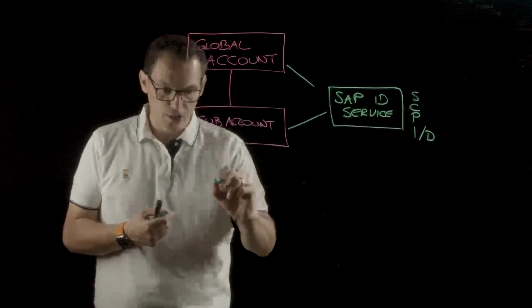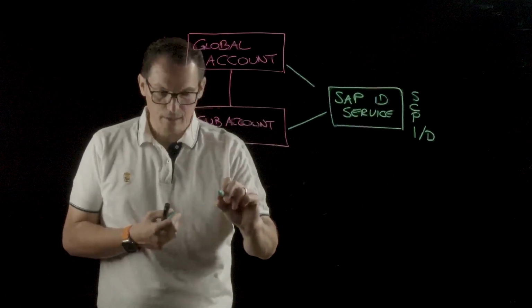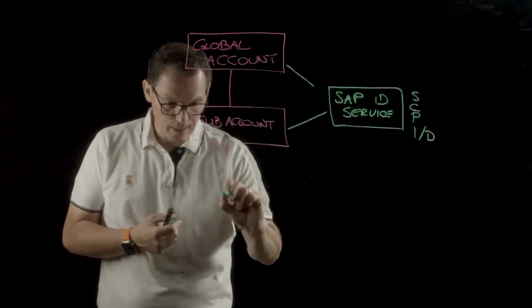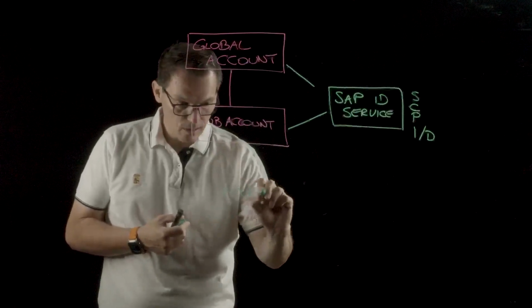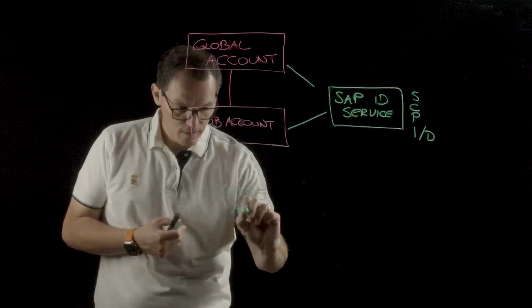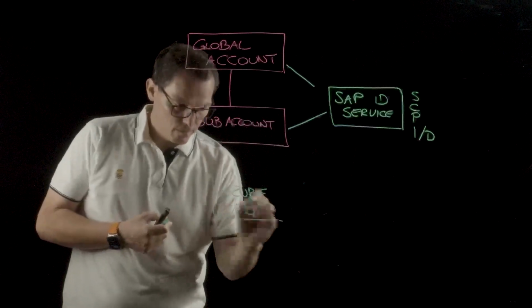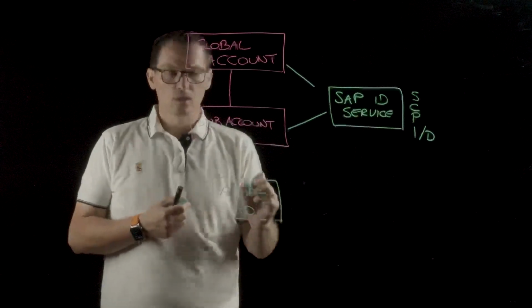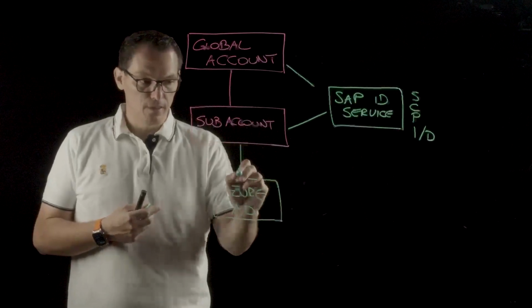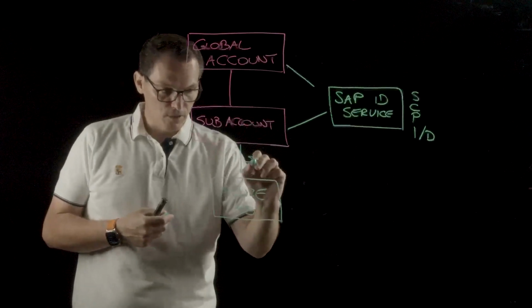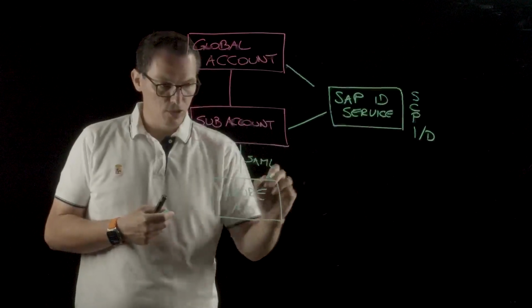The sub-account can also be connected against the SAP ID service, but you might already have an infrastructure for authentication in place, like an Azure Active Directory or an ADFS from Microsoft, or any other provider, of course. Here I'm going to show you Azure Active Directory as an example. You can connect the sub-account directly against the Azure Active Directory using the SAML protocol, Security Assertion Markup Language.